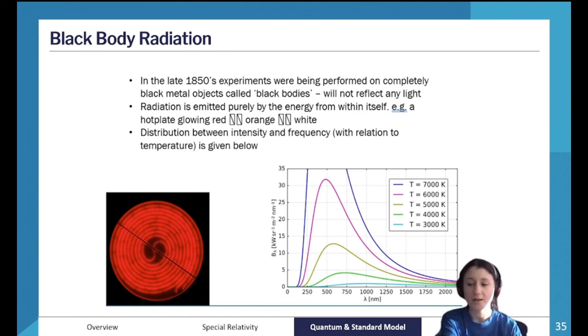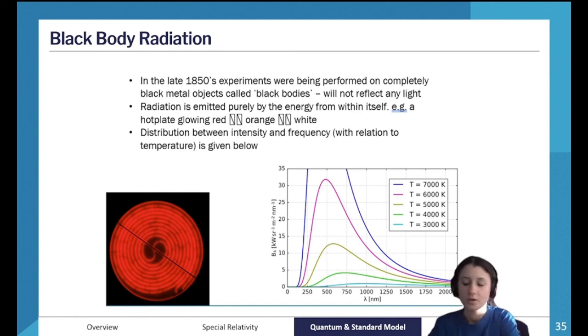We don't actually have any perfect black bodies, because a lot of them, or all of them actually, would still reflect some of the light and not absorb all of it. But we have some that are pretty close.